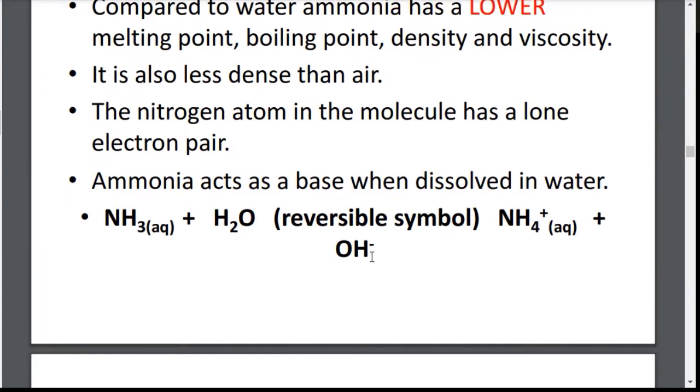And if you're not doing GCSE or you're not even in year 9, don't worry about remembering this equation because you don't need to at the moment. But all it means is that ammonia dissolves in water and produces this substance here, which is called an ammonium ion, and hydroxide ions. And it means that the reaction can go in both directions. But you do that much more at GCSE. And if you are doing GCSE, you should be familiar with that.